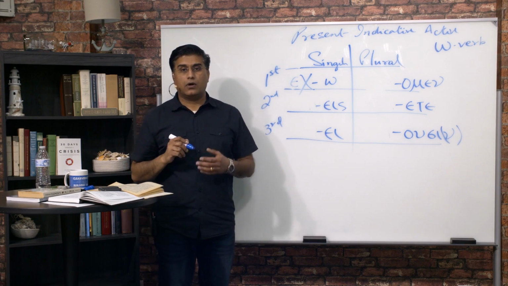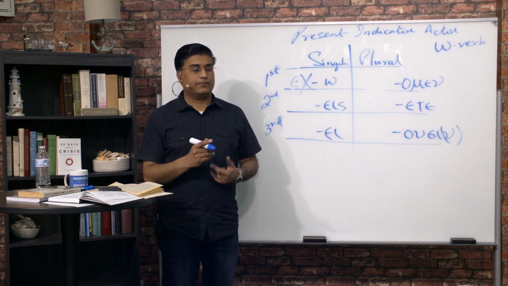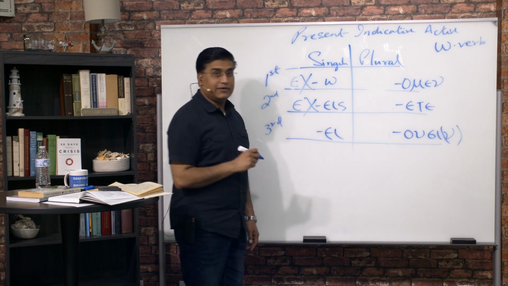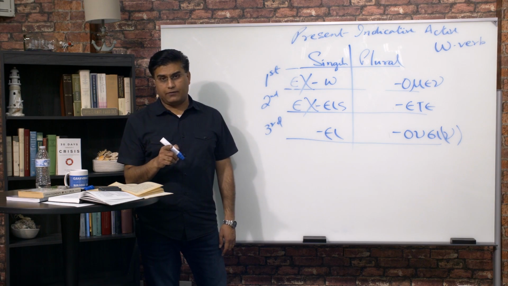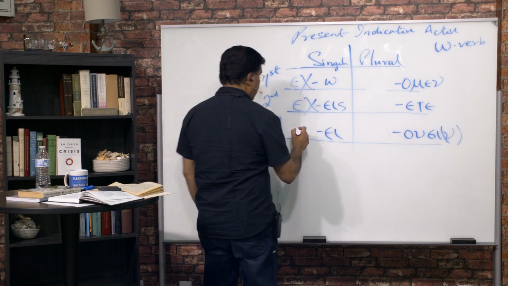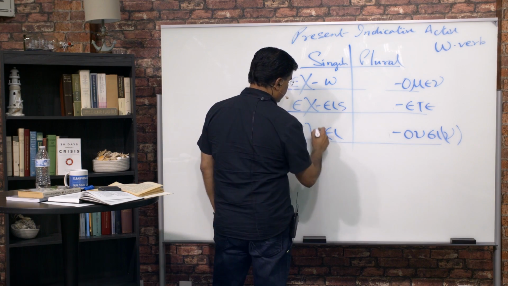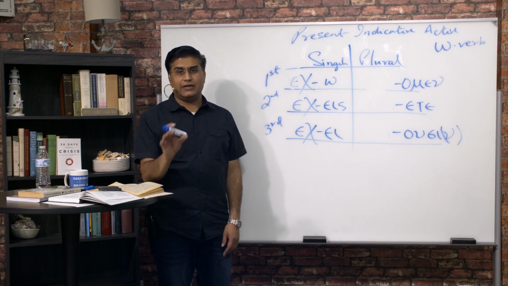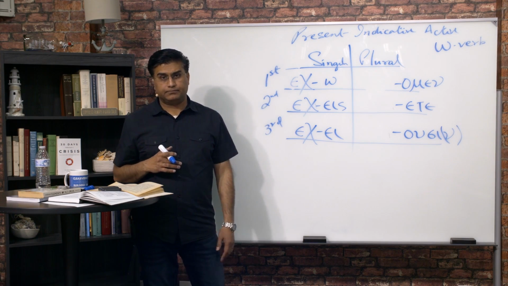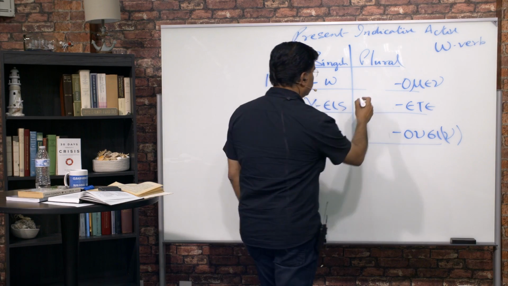Echo, I have. Ekeis, you have, or you're having. Ekei, he, she, it has, or is having.